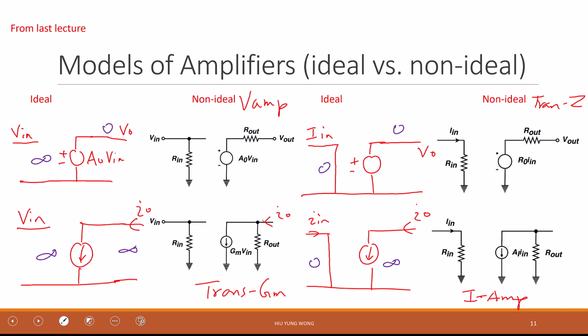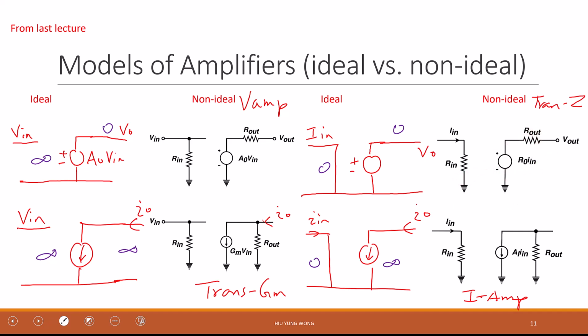For example, a transimpedance amplifier, what is it sensing? It's a sensor for what? For transimpedance. Current. Because the input is current, you try to sense the current. What type of source is it? Is it a voltage or current source for transimpedance?